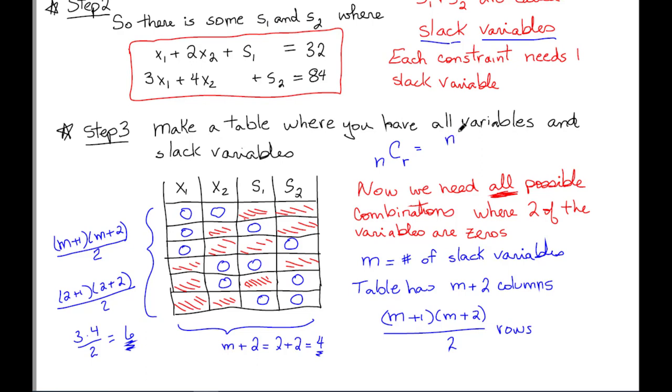The formula is n factorial over r factorial times (n minus r) factorial. Now later in the semester we'll get to what factorials are, what combinations are, but what's happening at this point is all I'm doing is picking two variables at a time to be 0.